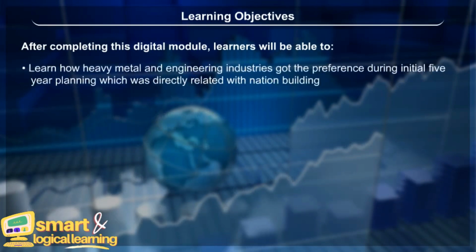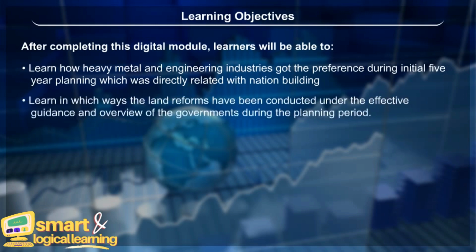Learn how heavy metal and engineering industries got the preference during initial 5-year planning, which was directly related with nation building. Learn in which ways the land reforms have been conducted under the effective guidance and overview of the governments during the planning period.